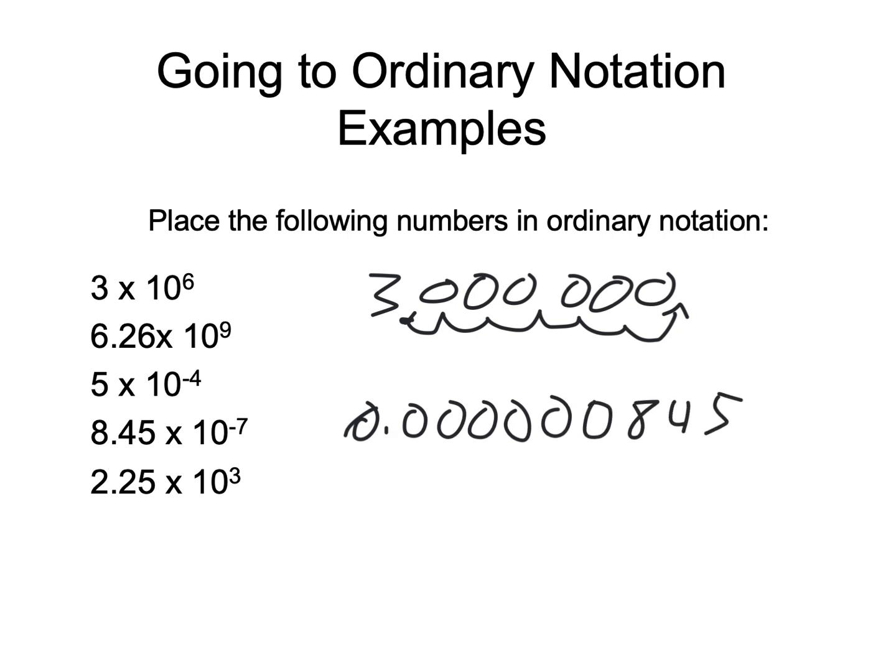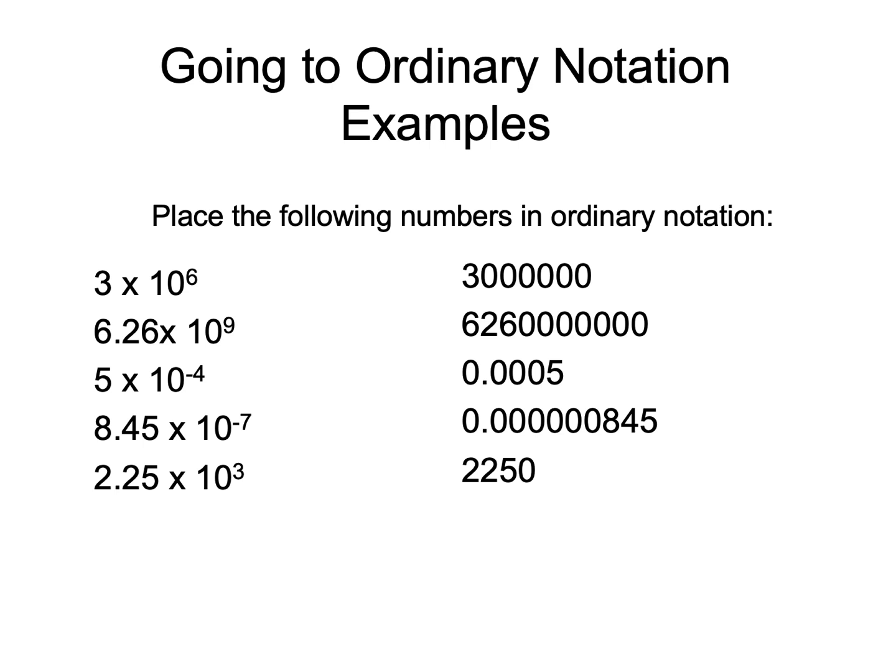And if I go in the opposite direction, I'm going to have that be 1, 2, 3, 4, 5, 6, 7. And so this would be 8.45 times 10 to the minus 7. And so you guys can follow that pattern, do the rest of these on your own, and see how that works out. And of course, here are the answers that you can use to check yourself with.